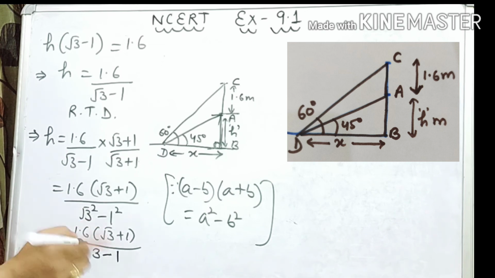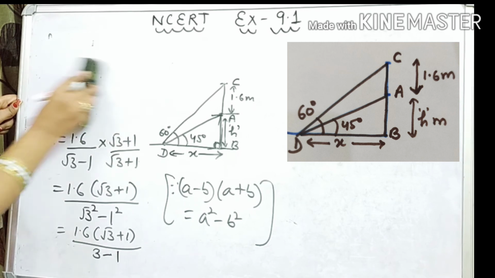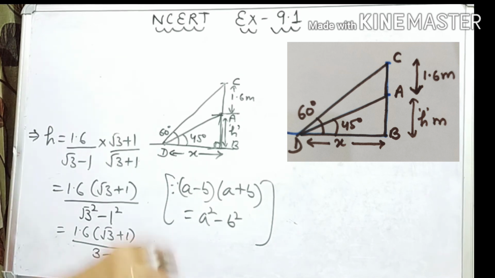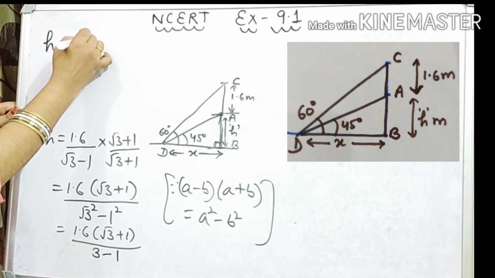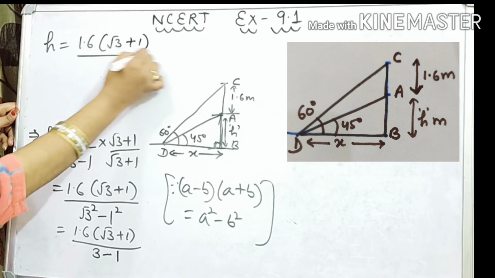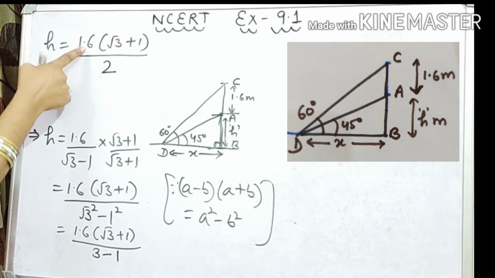One more thing I want to say: you need not multiply 1.6 inside the bracket. Wait till the whole denominator is solved. It may happen that it cancels 1.6. If it does not cancel, then you can multiply, or you can leave it in the same form. Now we have h as 1.6 into root 3 plus 1 divided by 3 minus 1, which is 2. Now you can cancel out 2 and 1.6.